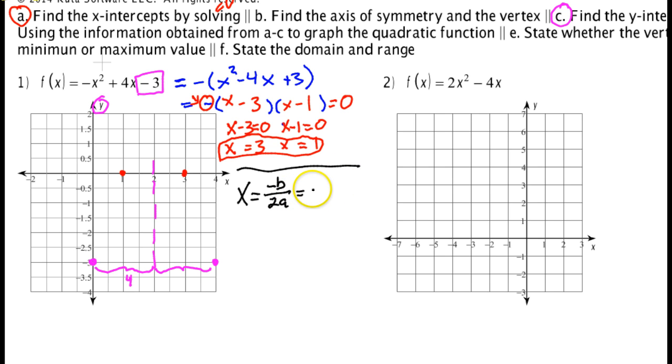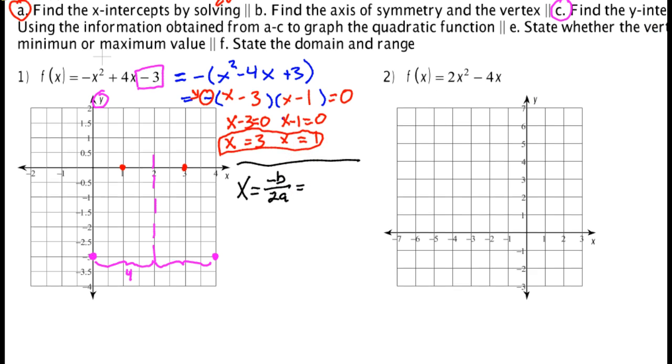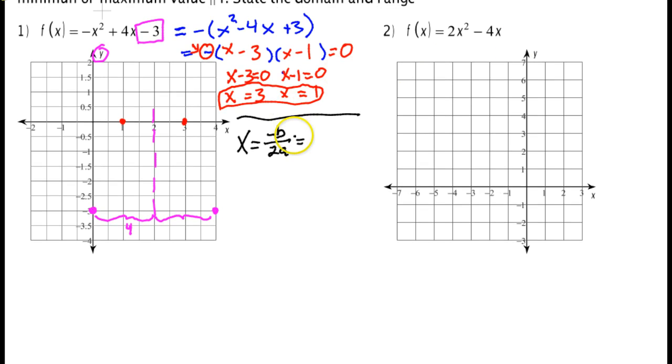Right. So again, we have to be very careful with our signs. On here, a is equal to what? -1, and b is equal to +4. So we got to use the correct numbers and plug them in correctly.